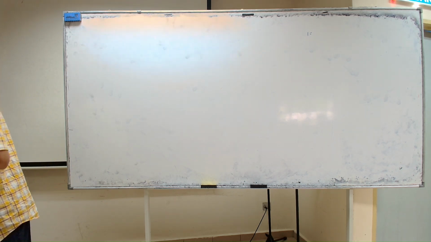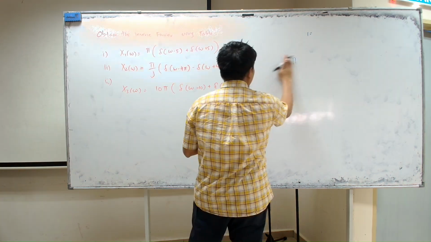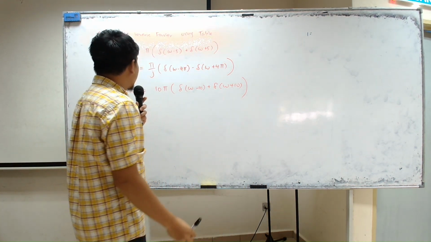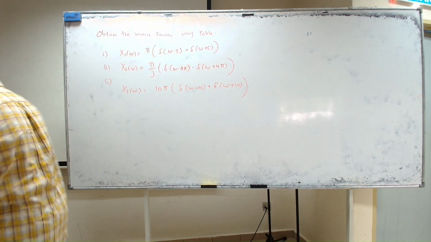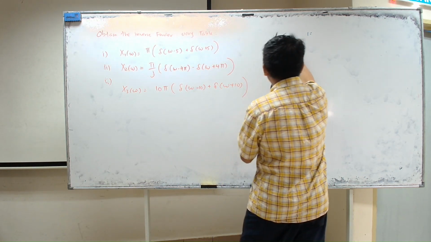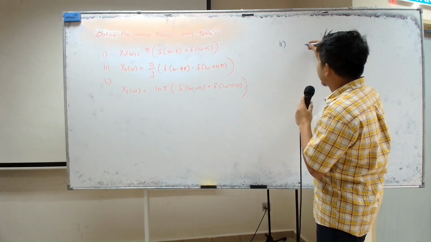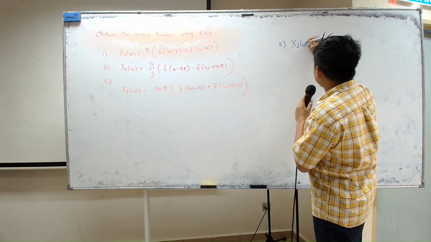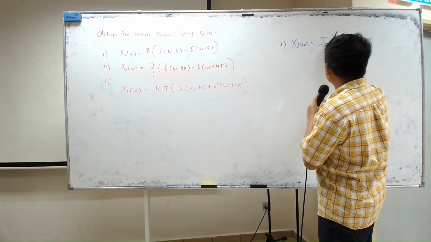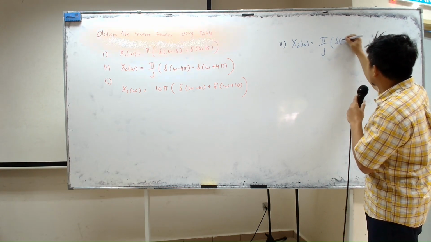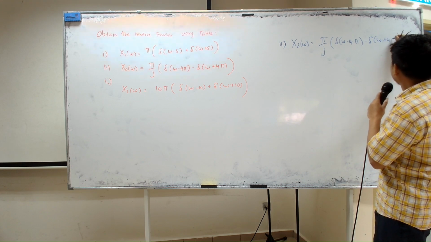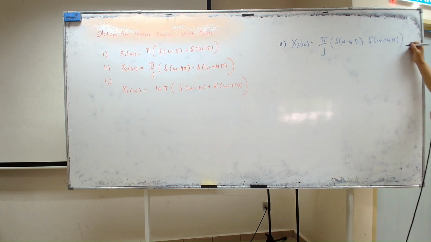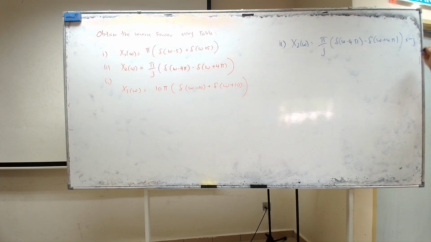So the question is, for the second question, you can see that, if we multiply with a negative j, can we do it?